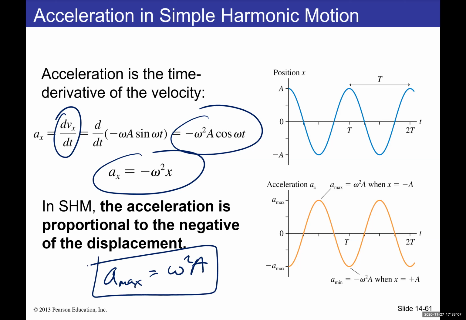The acceleration is proportional to the negative of the displacement, so that's why this is simple harmonic motion. Every time your system has that, its motion is simple harmonic motion.